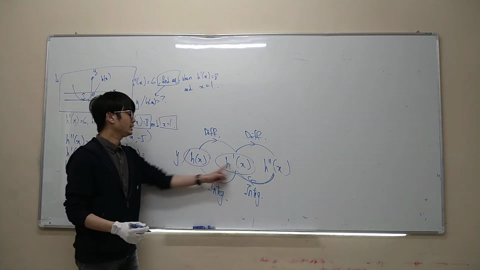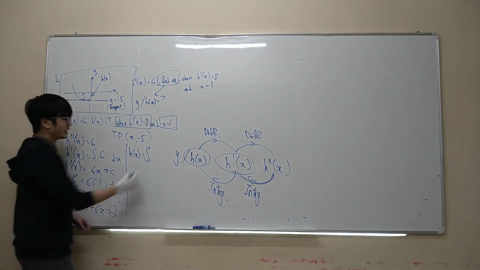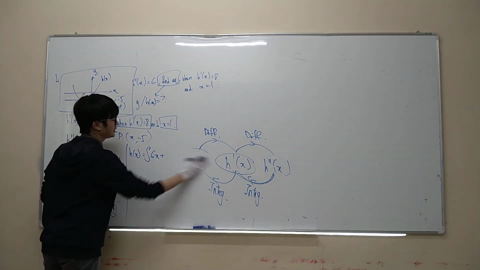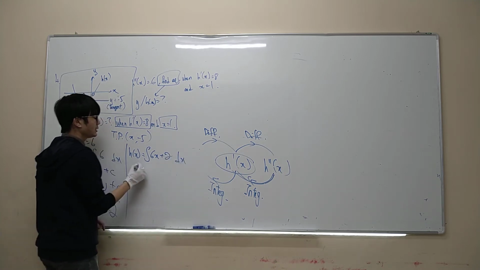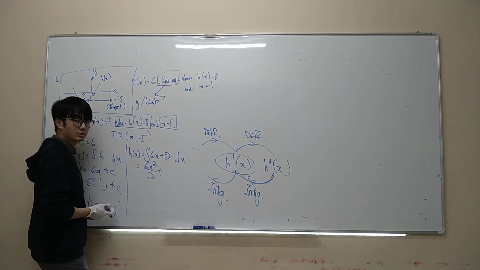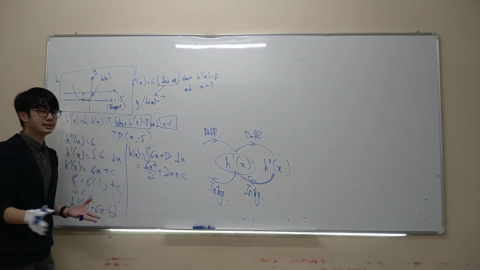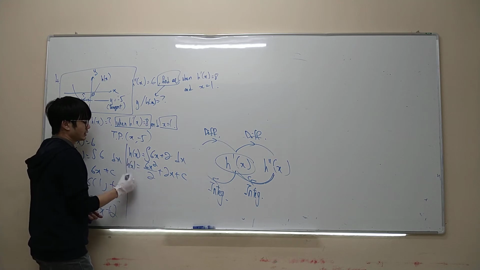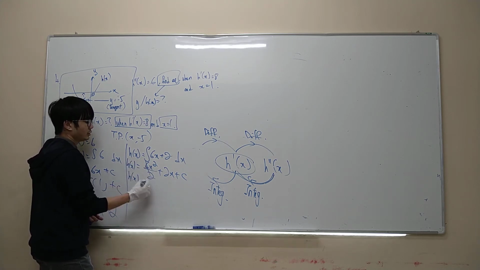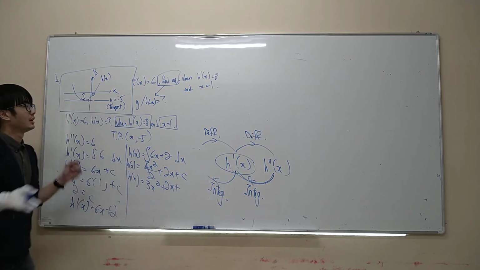To get h(x), I have to integrate once more: the integral of 6x plus 2 dx. What's the integral of 6x? 6x squared over 2. The integral of 2 is 2x. Don't forget to add plus c. And this is h(x). So h(x) will be 3x squared plus 2x plus c.